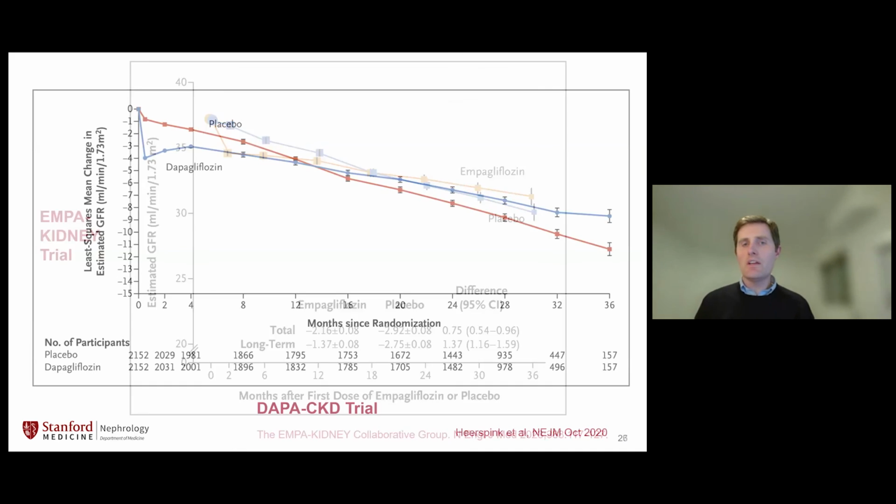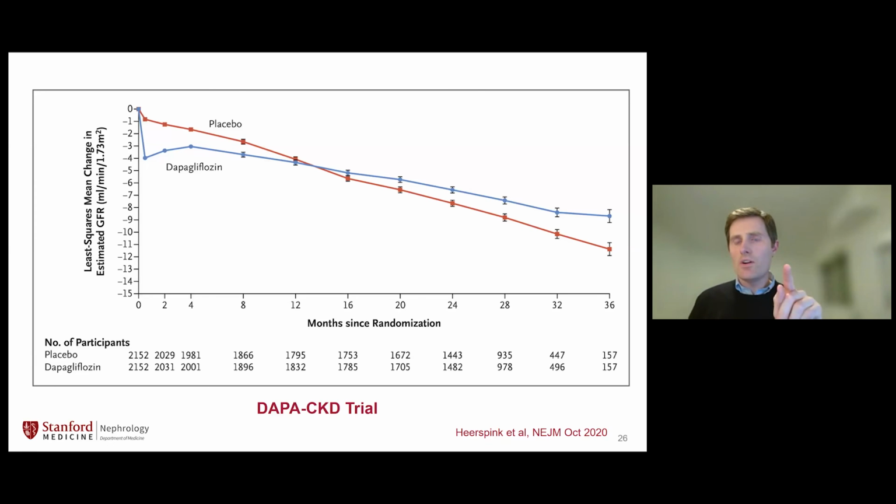And interestingly, this trial called DAPA-CKD was different from CREDENCE because not only did patients have kidney disease and protein in the urine, but patients did not have to have diabetes. So in the CREDENCE trial, you had to be diabetic. But then DAPA-CKD came along and said, look, the effect is the same for any patient with CKD and protein in the urine.